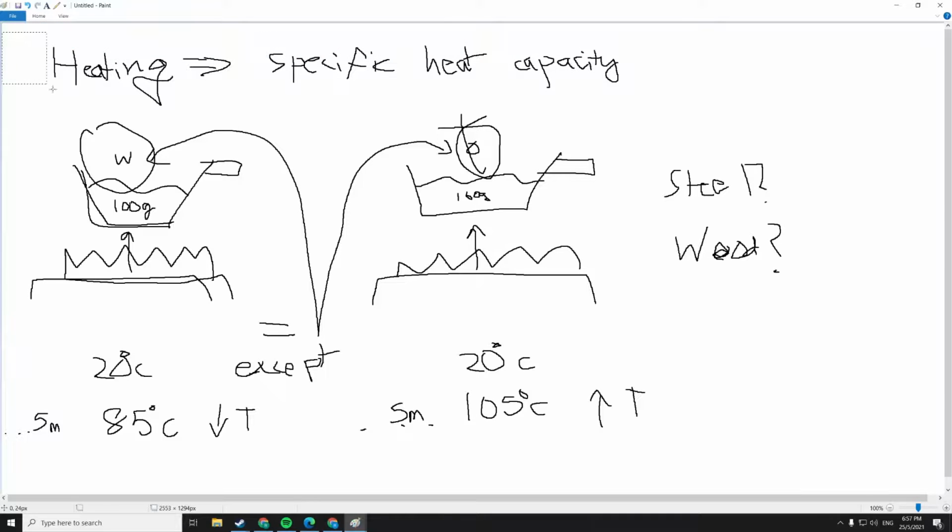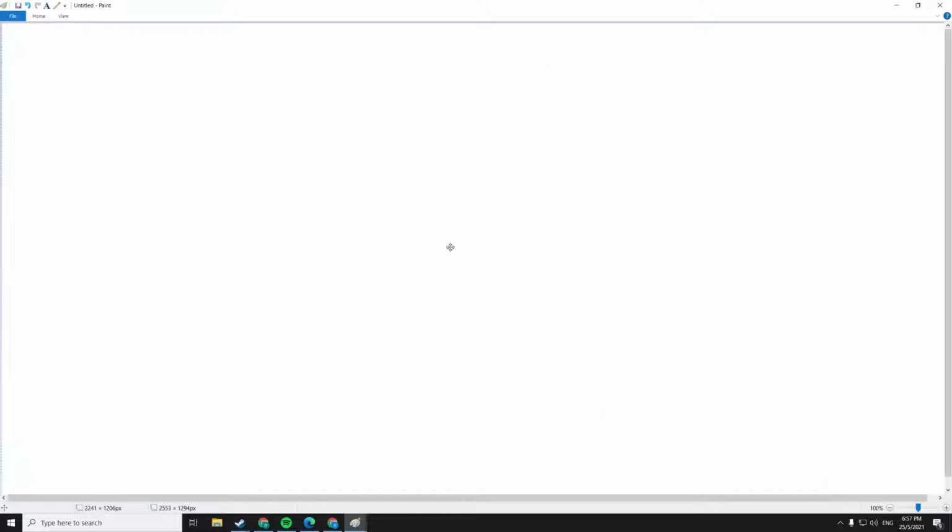Moreover, how can we measure how much it's going to heat up if we know a couple of things? One of them is, of course, its mass. Another thing is how much heat we're giving into the material of a given mass. And finally, one last thing, which we're going to call specific heat capacity.